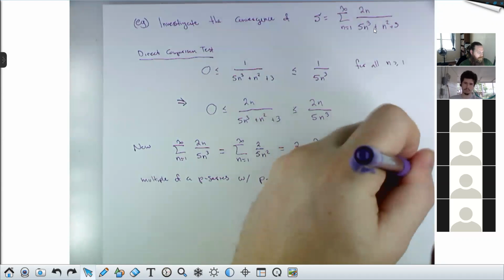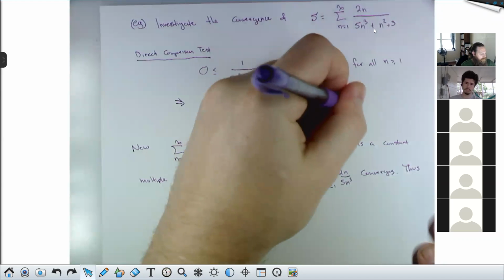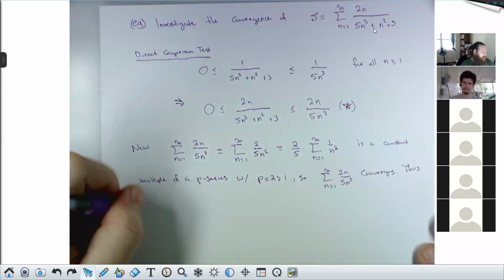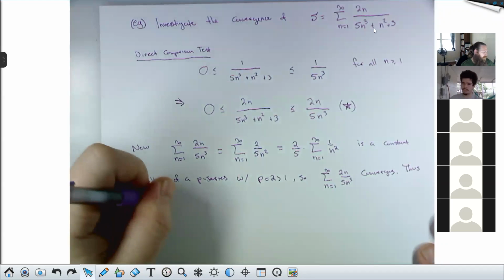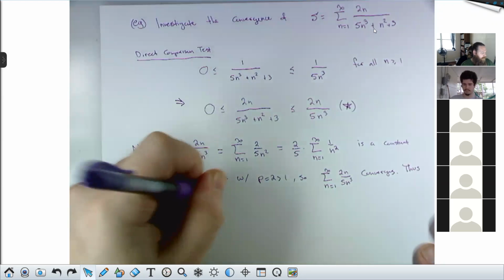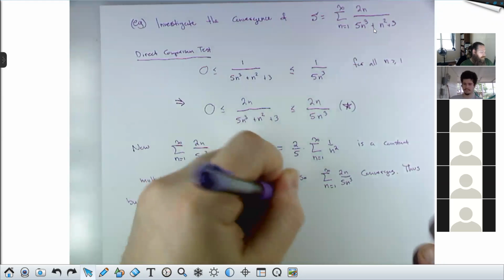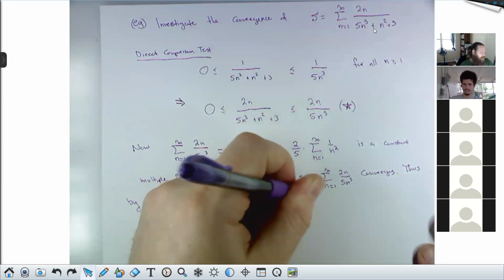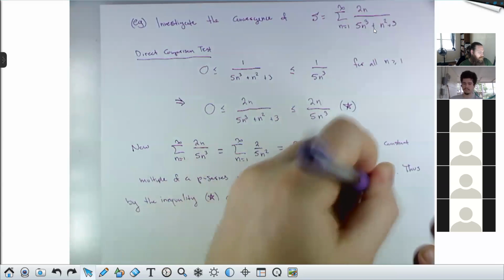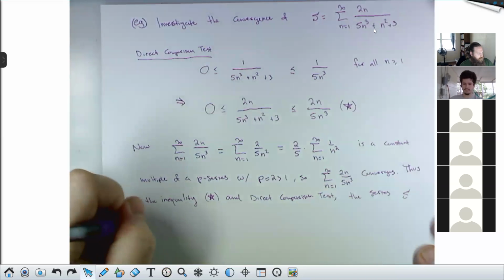Thus, by the inequality, and since I have multiple inequalities here, it's nice to say which one. Thus, by the inequality star and the direct comparison test, the series S converges also.